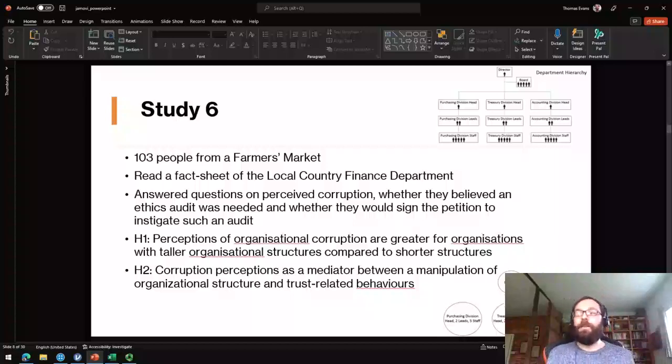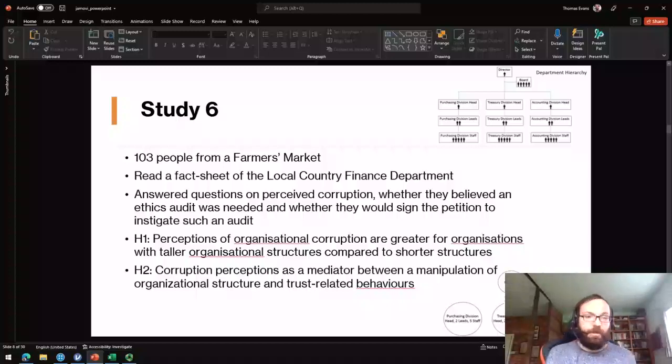So, rather, there was an ethics audit. Some of the key questions were, do we need an ethics audit? And then they were asked, would they sign the petition? The hypotheses associated with this were that taller organisational structures would be perceived to be more corrupt, and that corruption would be a mediator between organisational structure and trust-related behaviour.